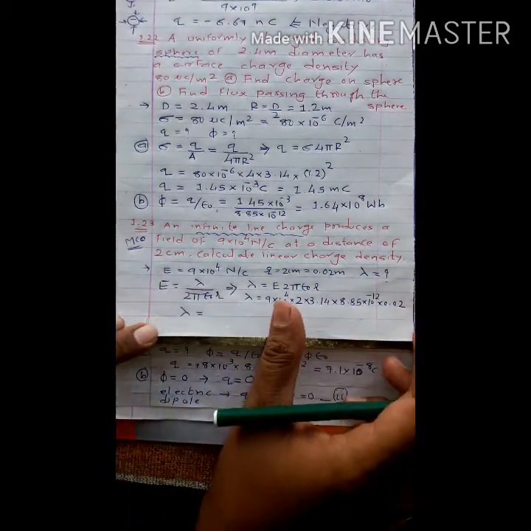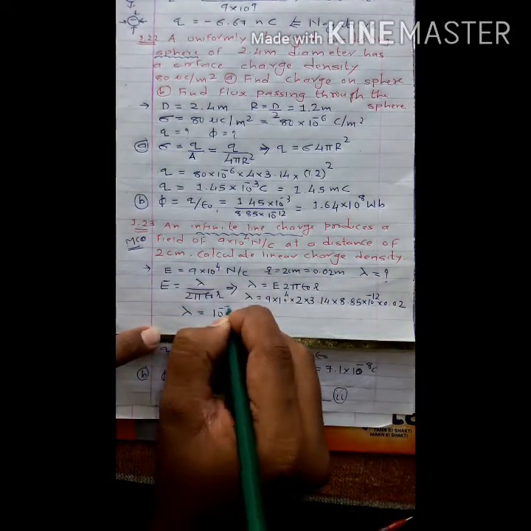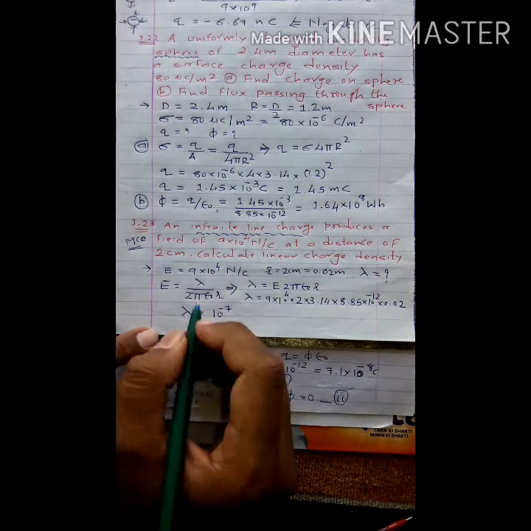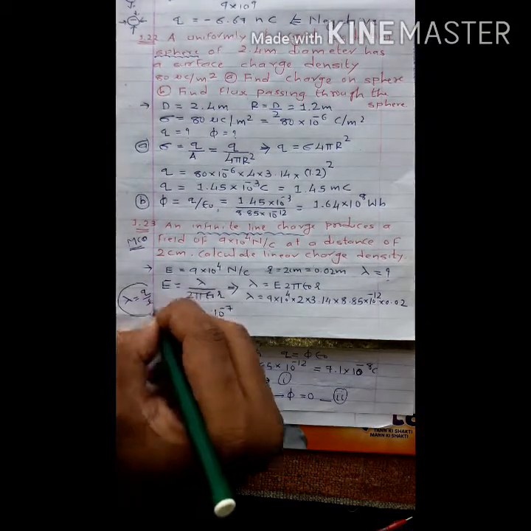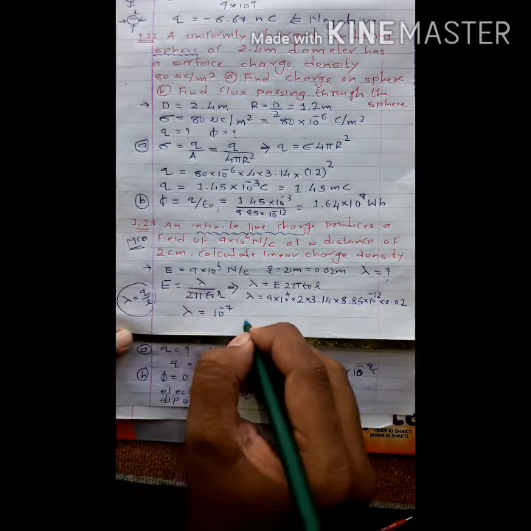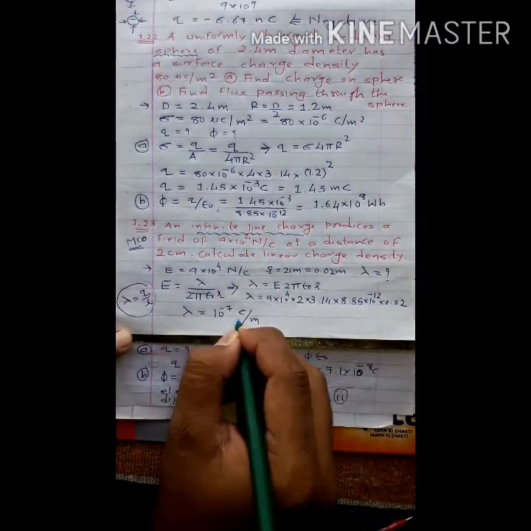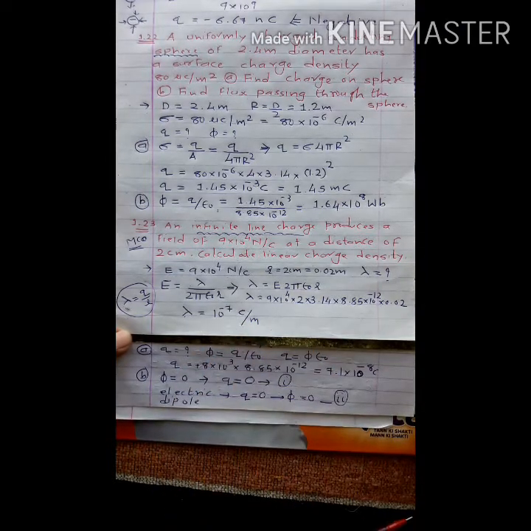Now find the solution. Our answer is 10 raised to minus 7. This is the linear charge density. Remember the equation of linear charge density: lambda is equal to q upon L. The unit of charge is coulomb and the unit of length is meter. So lambda is equal to 10 raised to minus 7 coulomb per meter.